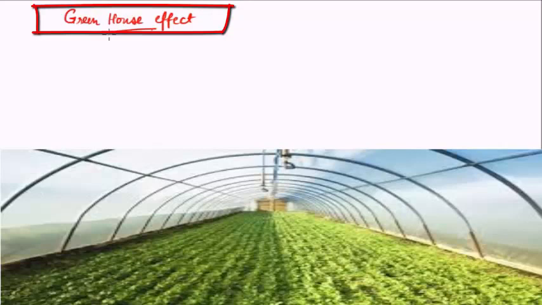What is the utility of glass walls? Glass allows radiations of smaller wavelength to pass through it, and these low wavelength radiations are absorbed by the plant to carry out its photosynthesis and also to capture heat.